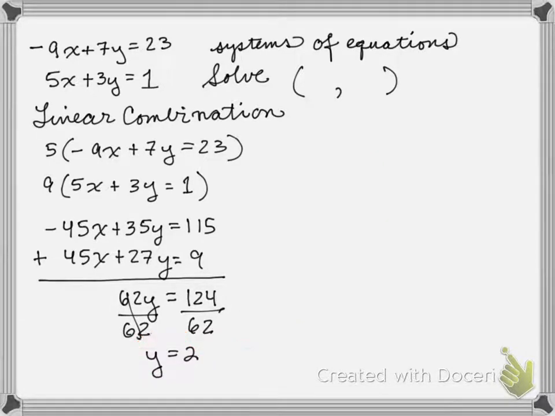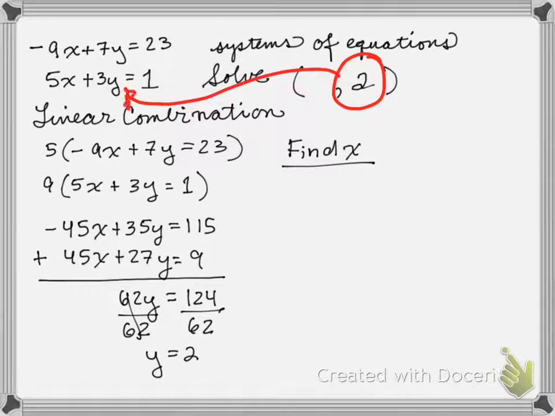Let's place that in the position here. Y equals 2. And now we're going to find x because we know y. I can find x by substituting this 2 into that equation or into that equation. It does not matter which equation I substitute. I'm going to choose the second equation.